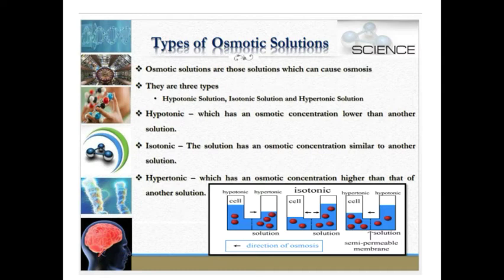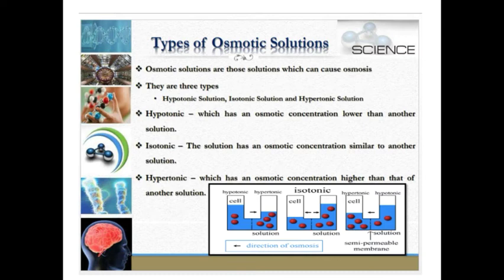As the concentration of oxygen is low inside the cell and high outside the cell, it enters into the cell. So the cell gets a balanced amount of oxygen inside, and this process is called diffusion. Diffusion plays a major part in gaseous exchange, mainly between carbon dioxide and oxygen. Can you understand the concept, children?